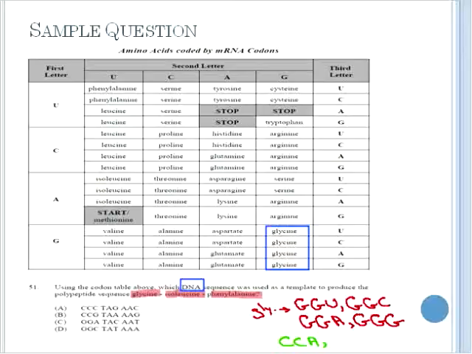GGC would be CCG. GGA would be CCT. And GGG would be CCC. Looking at your possible choices, CCC, this is a possibility.